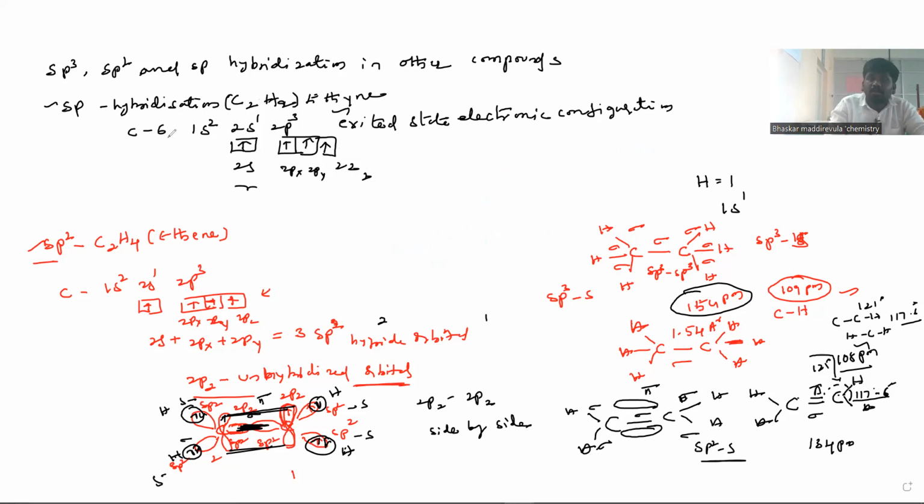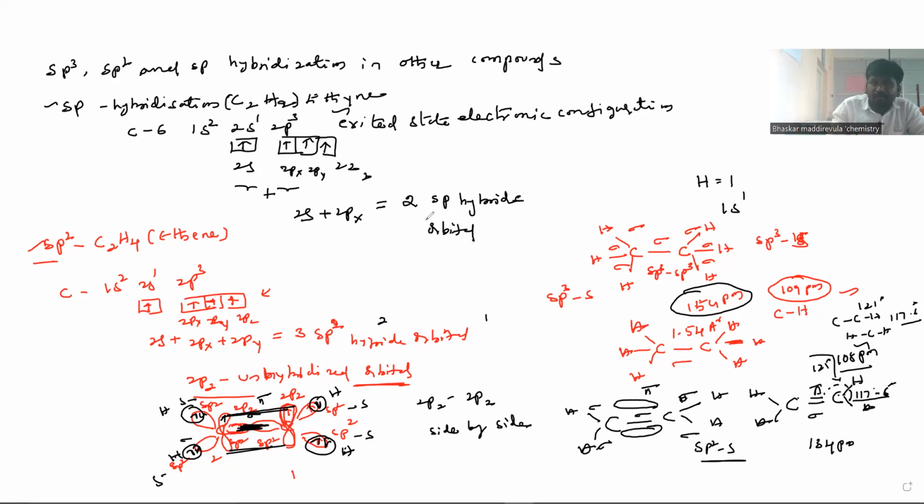To get sp hybridization, one s orbital and one p orbital are involved. So one 2s orbital and one 2px orbital are involved in the hybridization, which will give two sp hybrid orbitals.